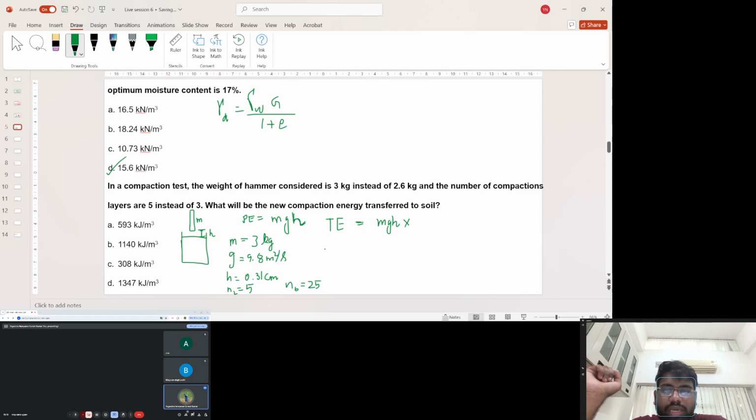So it will be 3 into 9.8 into 0.31 into 5 into 25. How much are we getting?